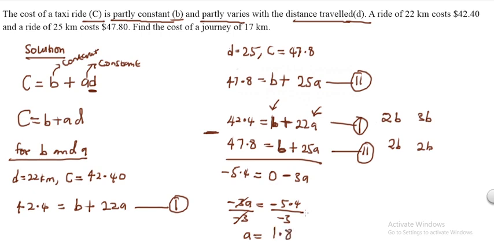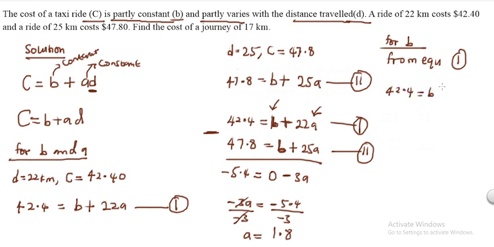Let me clean up the space. Now for my value of b, I can pick either equation and use it to find the value of b. I can pick equation 1 or equation 2, but let me pick equation 1. Equation 1 is 42.4 is equal to b plus 22a. To get my value of b, I simply make b the subject of the formula. So b is equal to, if I move 22a to the other side of the equation, 42.4 minus 22a.